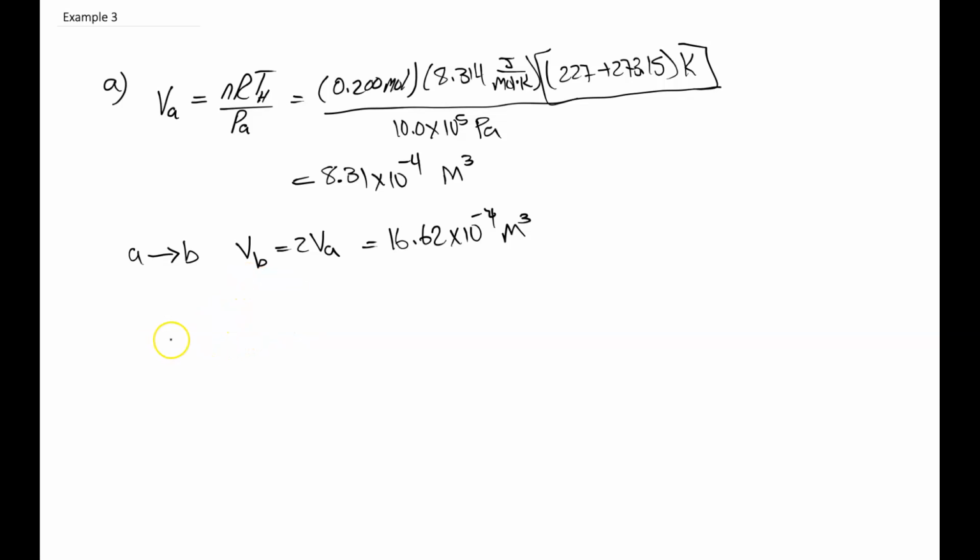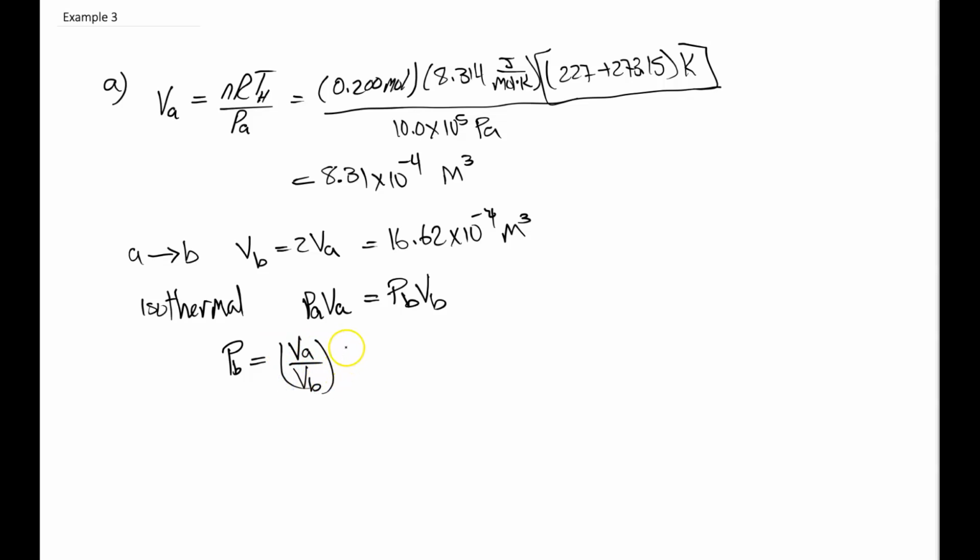And we have, for an isothermal process, the pressure at one point times the volume at one point is constant, so we can use VA times PA equals VB times PB, which means the pressure at point B is going to equal VA over VB times PA.